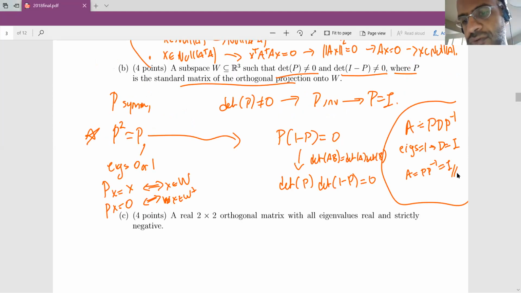The determinant of the 0 matrix is 0. Is it P times 1 minus P, or P times I minus P? Sorry, I minus P. Yeah. It's actually P times P minus I. Well, you can move the P squared to the other side. Yeah, it's fine.